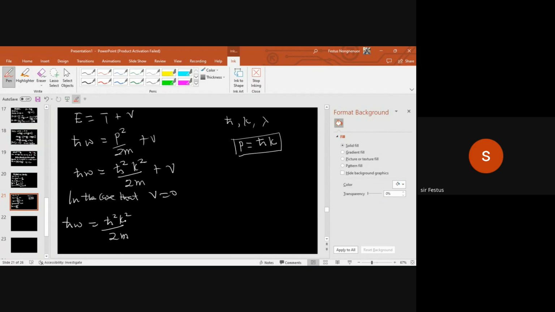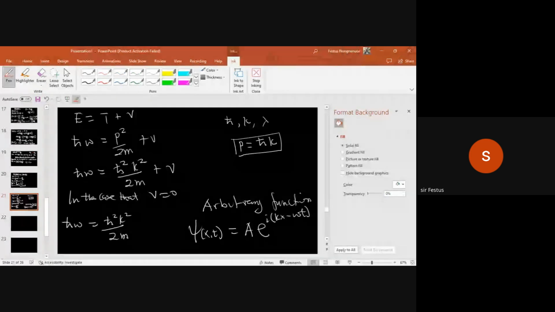If we now consider an arbitrary function, which is a wave function, psi as a function of position and time, x and t, that should be equal to A raised to the power of i(kx minus omega t). This is a progressive wave equation.